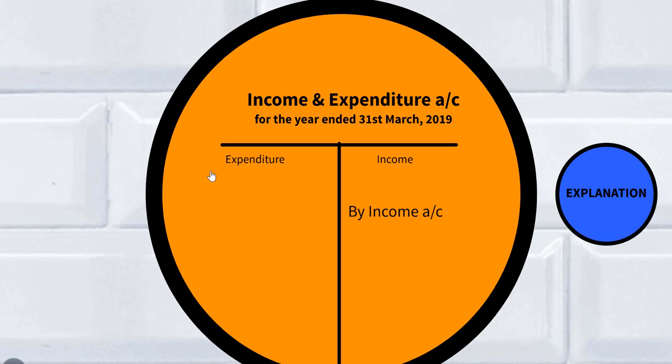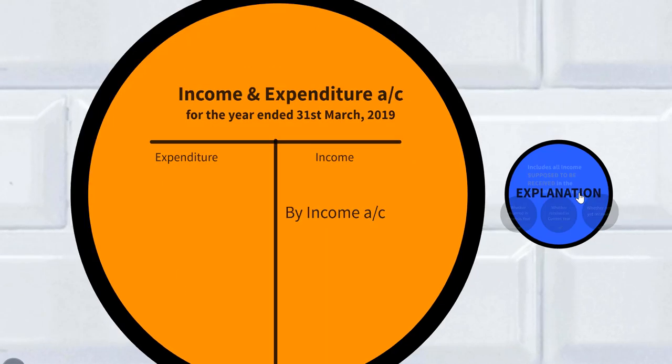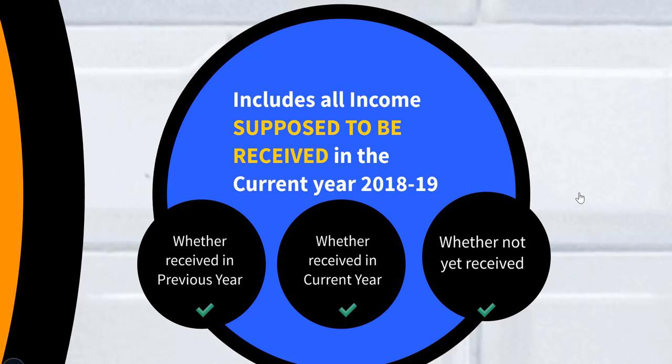The same income will be shown on the credit side of the income and expenditure account under the head income. However, this income amount includes all income supposed to be received in the current year 2018-19.